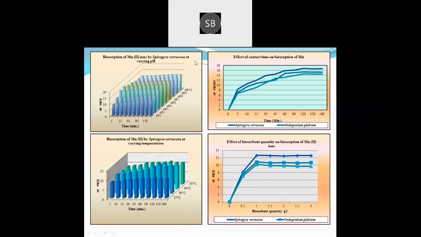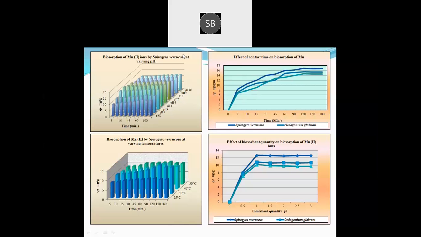Now, as I mentioned, how to carry out these biosorption studies. According to the materials and methods which we follow, we optimize the pH, the contact time, and the temperature. Okay, so all these studies were performed.